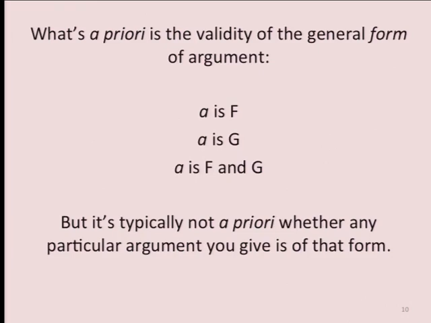Particular arguments are just examples, but what you're interested in is whether the general form of argument, A is F, A is G, therefore A is F and G, is valid. You could say it's a priori which general forms of argument are valid, but it's not usually a priori whether any particular argument you give is actually of the form you think it is.